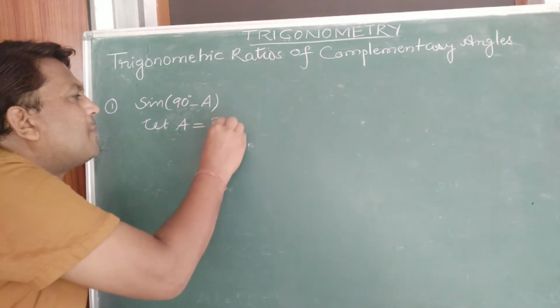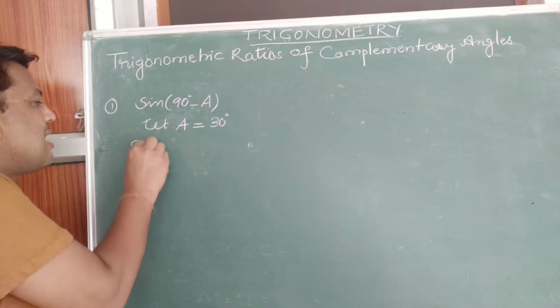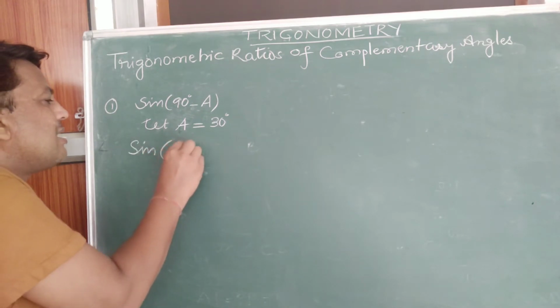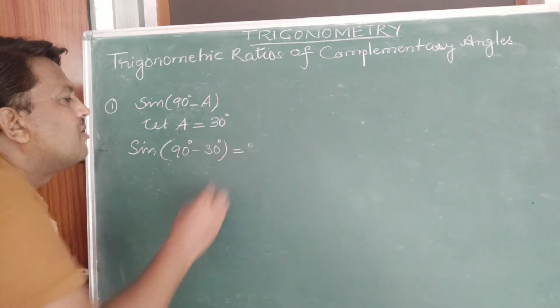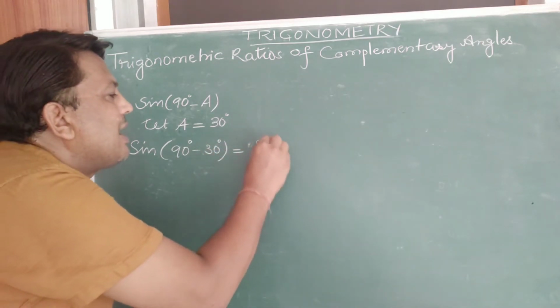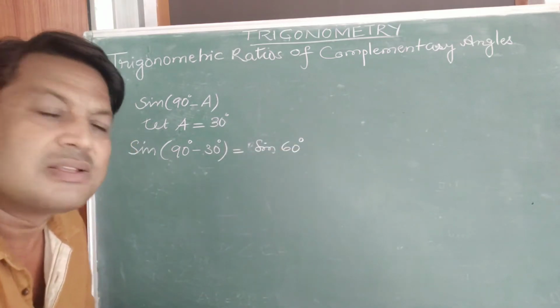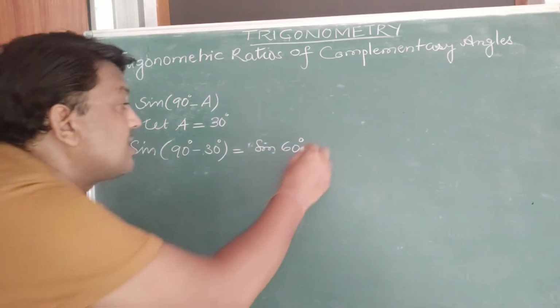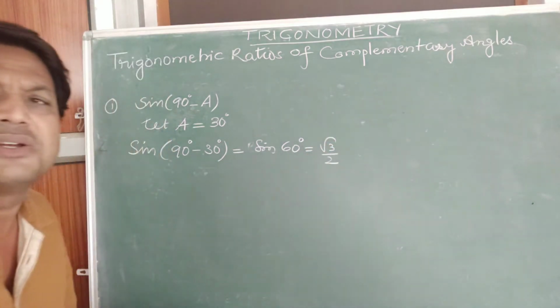I am taking, suppose, 30 degree. A is equal to 30 degree. So what can I write, children? Sine 90 degree minus 30 degree is equal to how much? Sine 60 degree. And the sine 60 degree value is root 3 by 2.